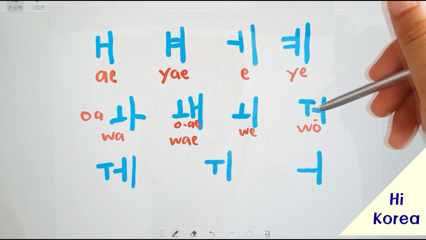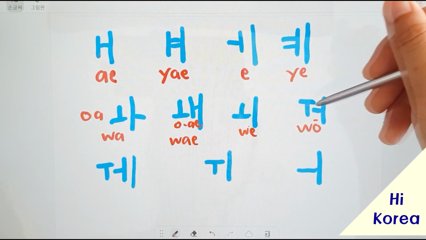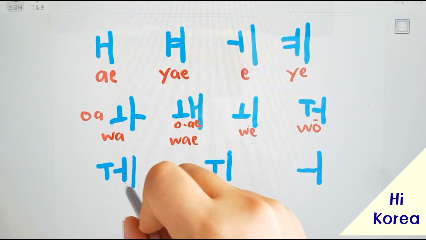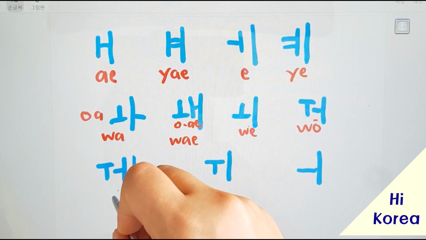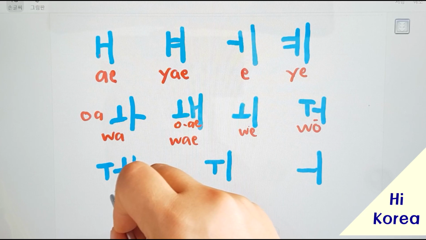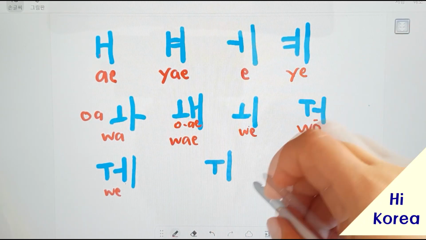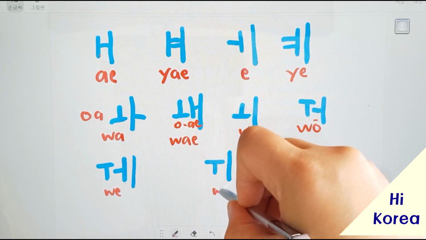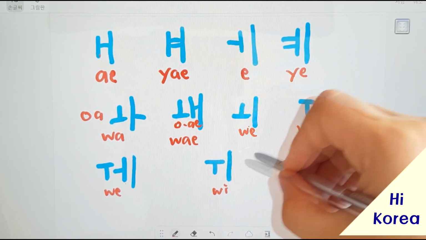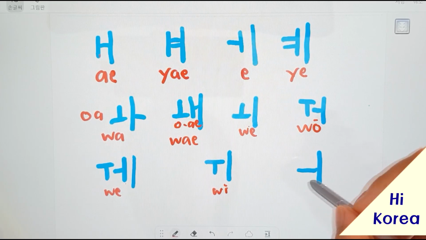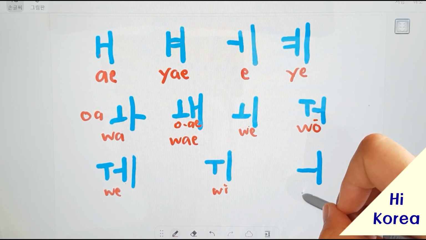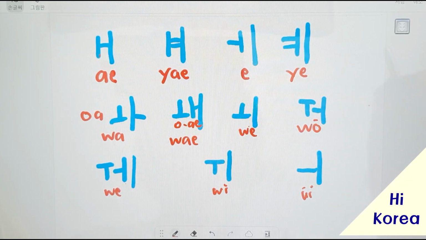U and o, wo. U and e, we, we. And then ui. So it will become ui, ui.